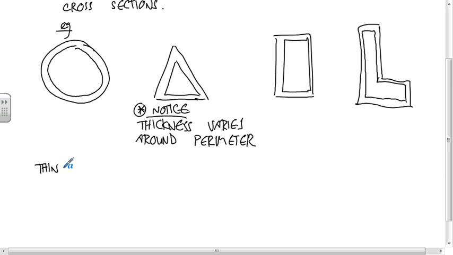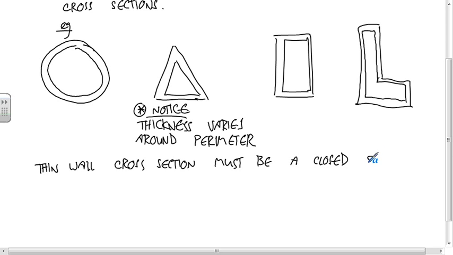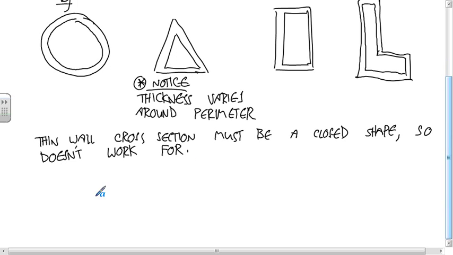So the thin wall cross-section must be a closed shape, so you can't use this for one example that maybe we'd like to be able to do this for would be like an I-beam.